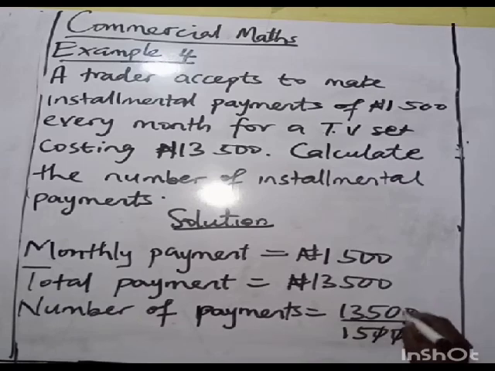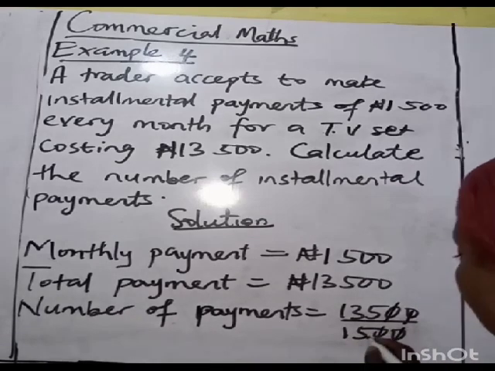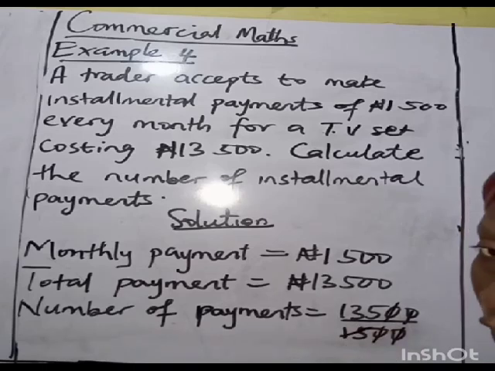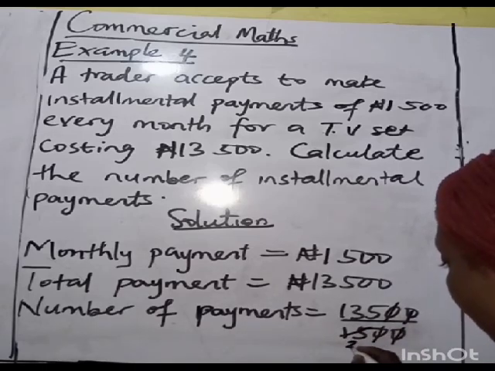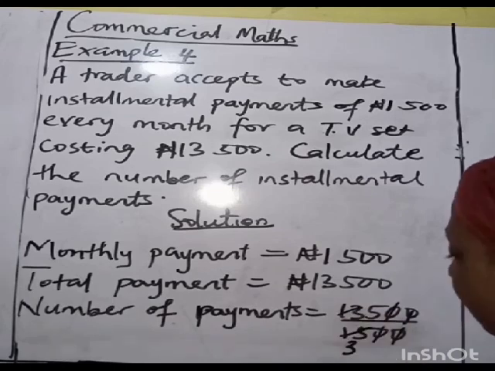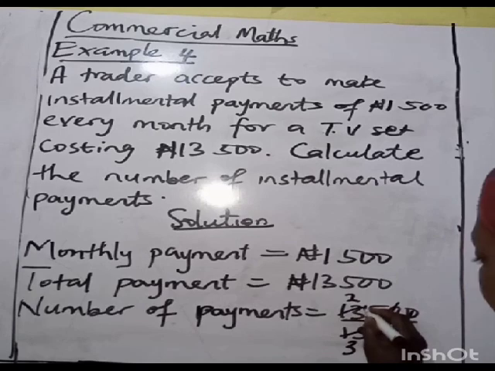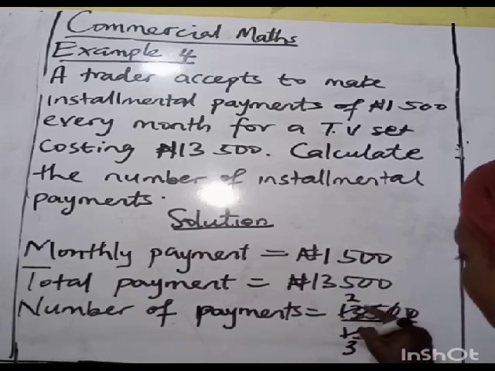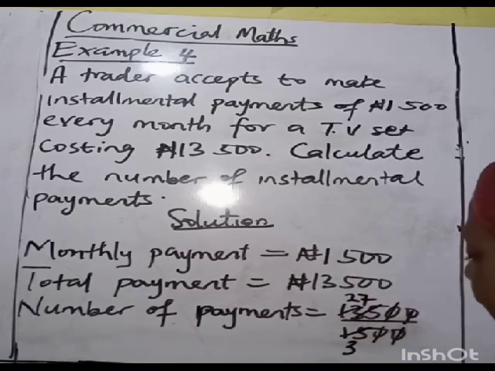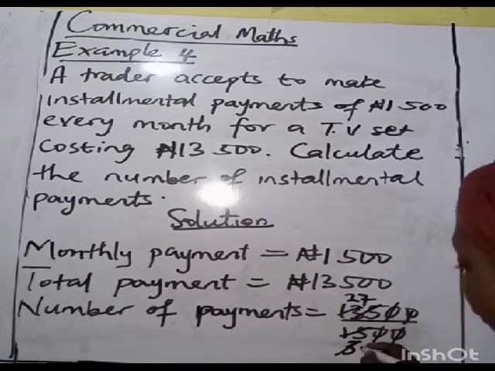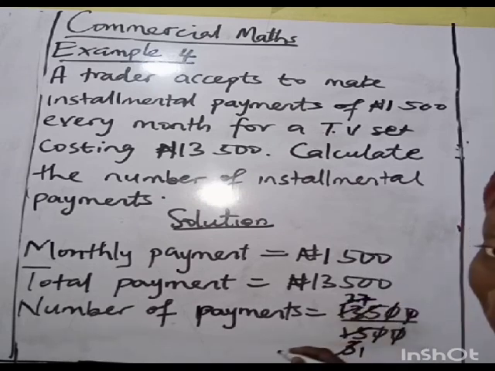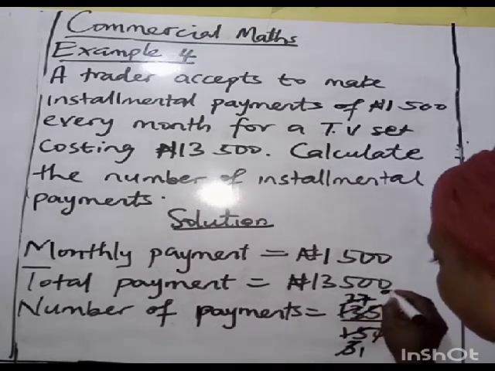Cancel out the zeros. Now use 5 as a common factor. 5 into 15 will give us 3. 5 into 13 will give us 2. Remember, 5 into 35 will now give us 7. Now we use 3 as a common factor. 3 into 3 will give us 1. 3 into 27 will give us 9.